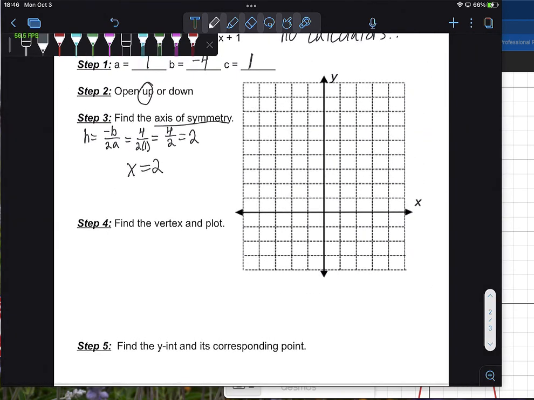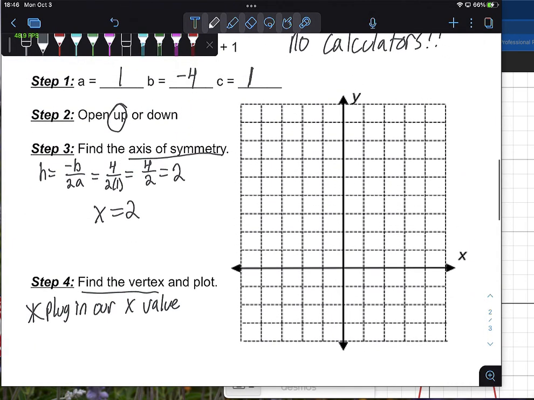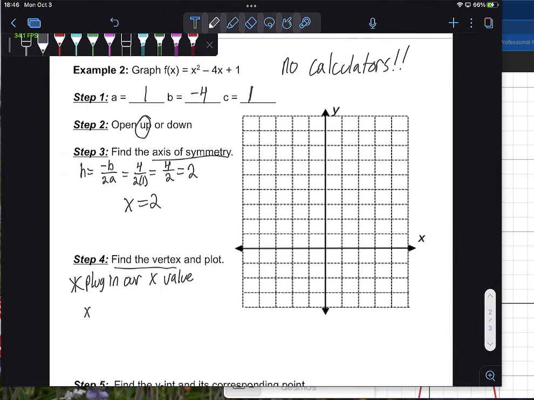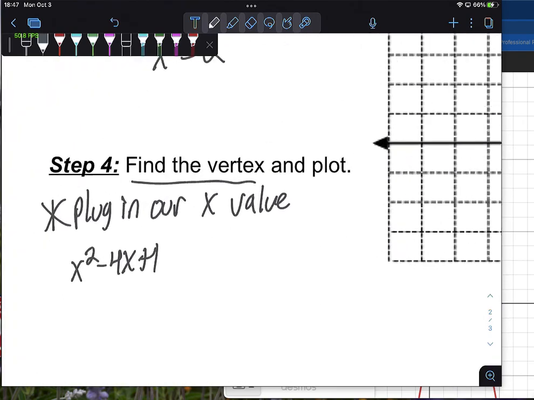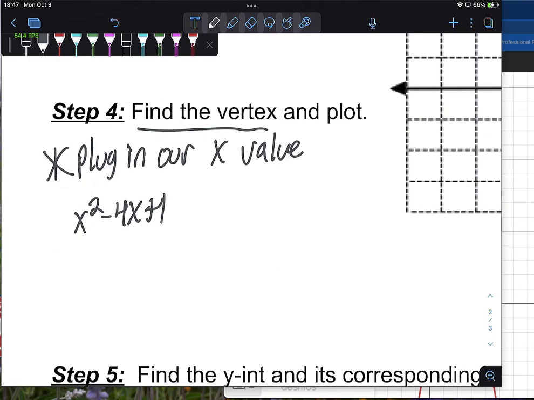In order to find the vertex, I need to plug in our x value, so make a star. So back to my original equation, I have x squared minus 4x plus 1. The x value that I got is x is equal to 2. So here's our function.